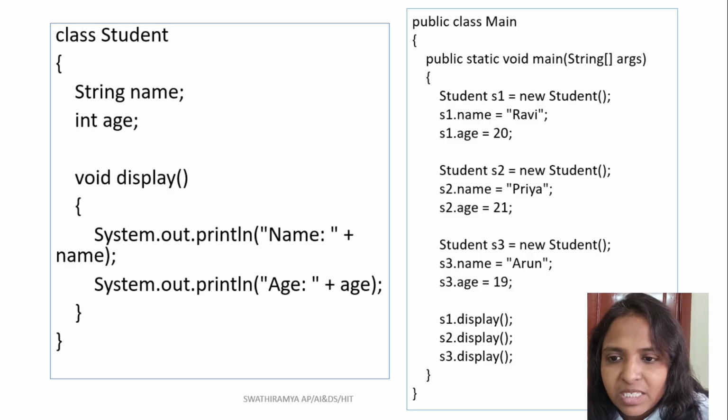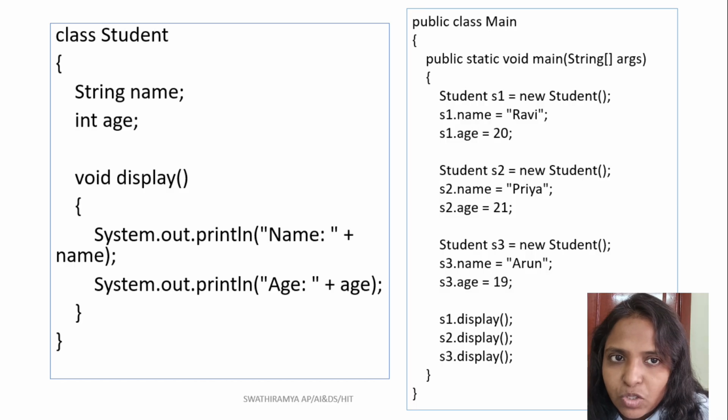First step, I am creating the objects: object 1 s1, object 2 s2, object 3 s3. The first object: class name student, object name s1 is equal to new student constructor. This is the first object declaration.